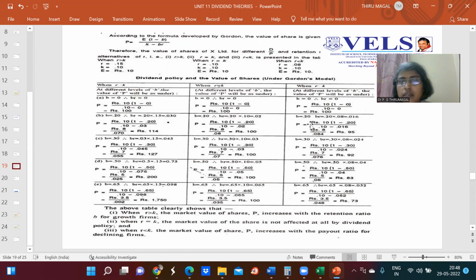Whereas when they increase the retention to 20, which means only 80% is given as a dividend, the share price decreases to 95. Like that, the more the retention increases, which means the payout decreases, the share price also decreases. So this is proved again that both Walter and Gordon models have proved the dividend relevance theory, which means the dividend decision of the firm has an impact on the share price.